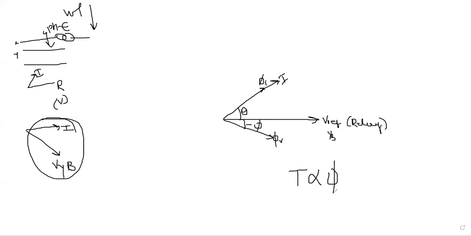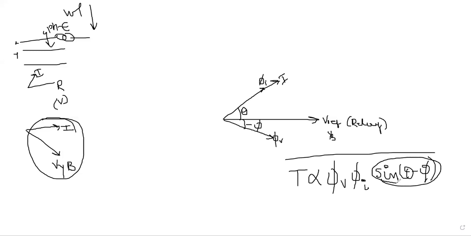The torque is proportional to the fluxes of both the voltage and the current, and the angle between them: sine of theta minus phi. To get the maximum torque, sine of theta minus phi should be equal to 1, meaning theta minus phi should be equal to 90. So theta equals 90 plus phi.